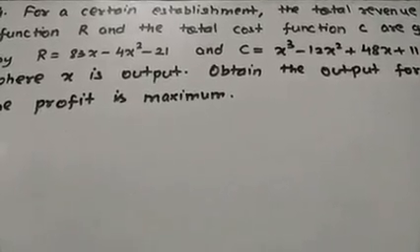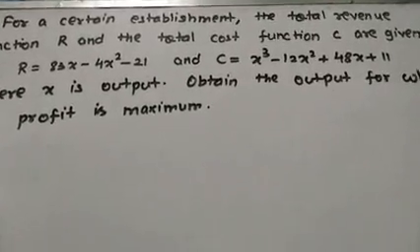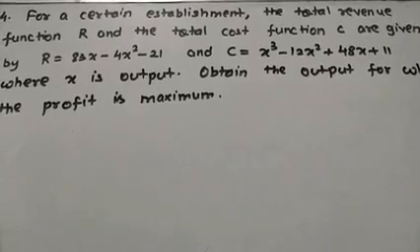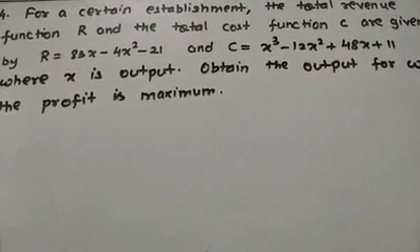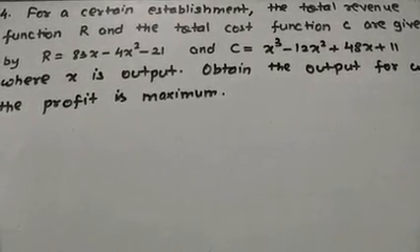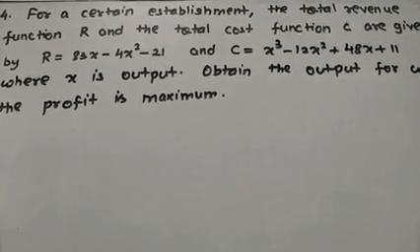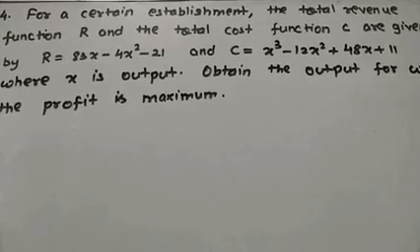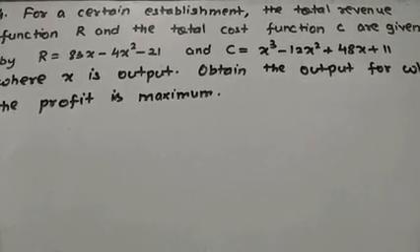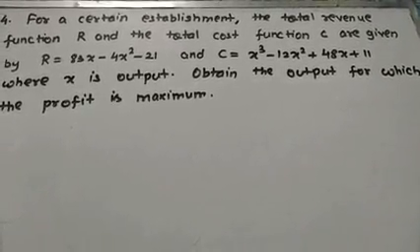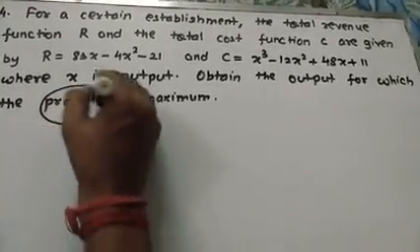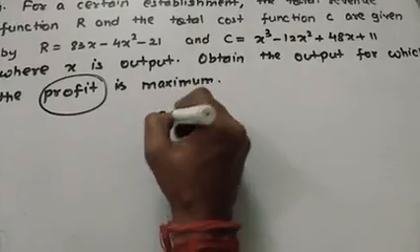Okay, so question number 4. For a certain establishment, the total revenue function R and the total cost function C are given by R equals 83x minus 4x square minus 21, and C equals x cube minus 12x square plus 48x plus 11, where x is output. Obtain the output for which the profit is maximum. Again you have to find profit.